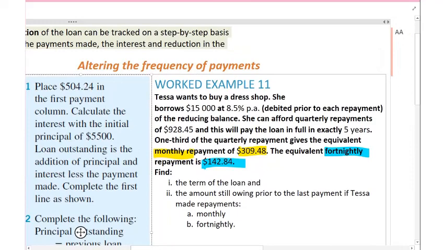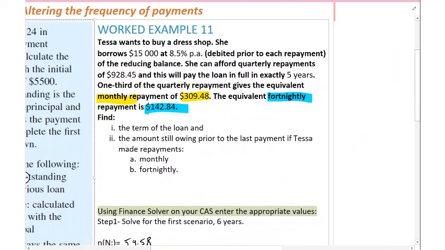When we're altering the frequency of payments, this is what worked example 11 is looking at. We've got an example here, the first one, with quarterly payments of $928.45, and it'll pay off in exactly 5 years.